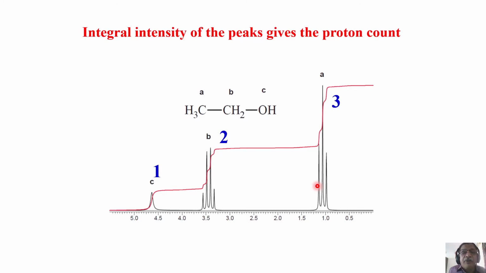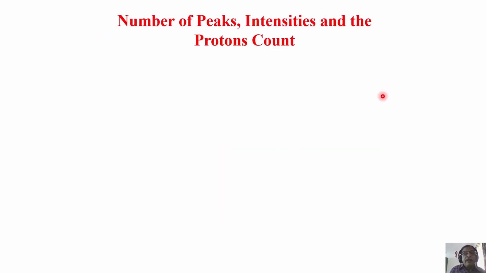You don't know how many protons are there in this group. So there must be a relative comparison. You must find another peak for which you are sure of the number of protons present in that group. Relative to that, you will measure the areas of other peaks and the number of protons present in that group. You are understanding my point?